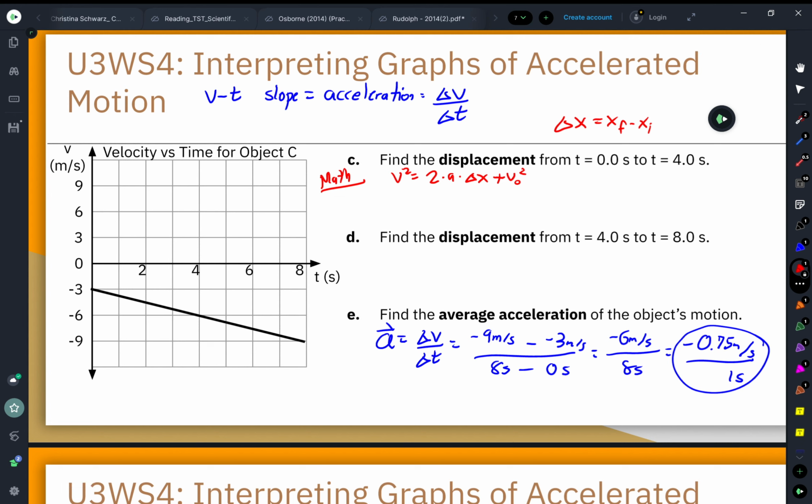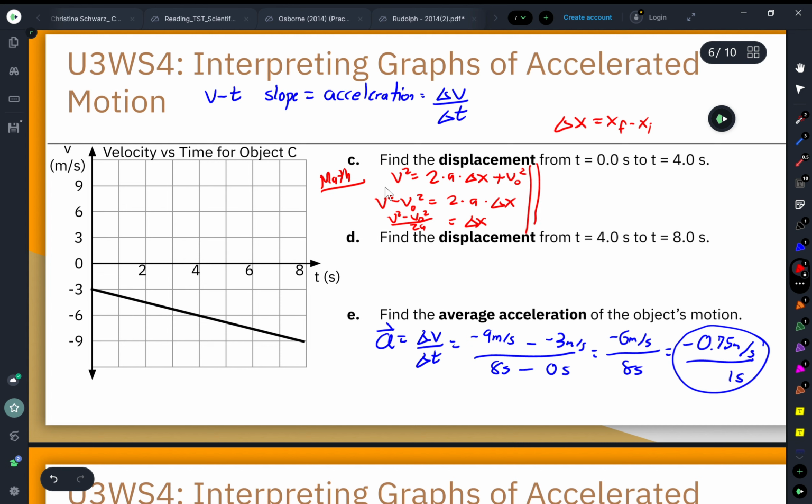But I'm just going to start off with this one because it's already set up with displacement. I can rearrange this equation so that v squared minus v0 squared is equal to 2 times acceleration times our change in position, or the displacement. So our change in position is equal to v squared minus v0 squared all over 2a.